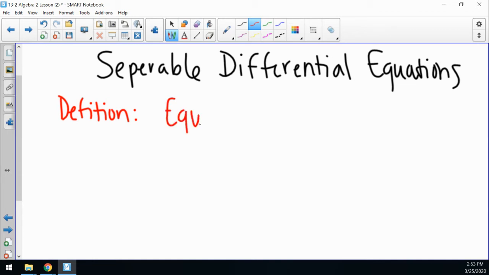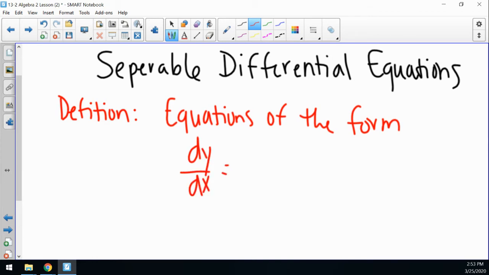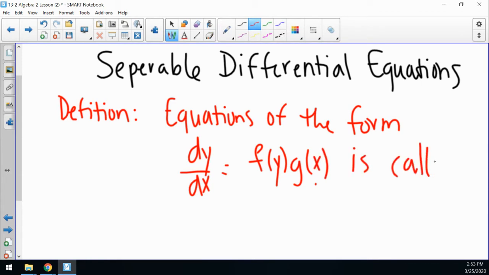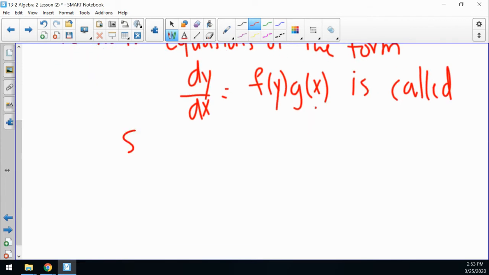Equations of the form dy over dx equals f(y) g(x), excuse me, f(y) g(x), so you'll notice that they are different variables, is called separable. So you'll notice that dy/dx equals f of y, g of x.